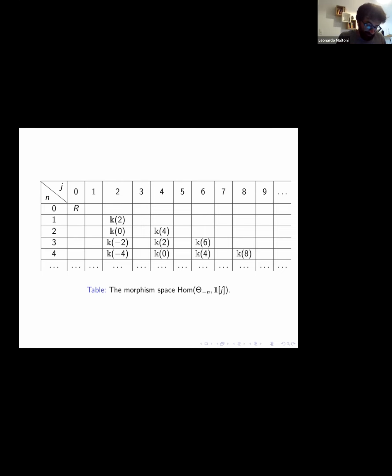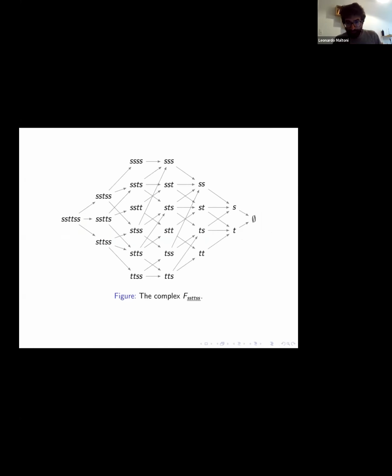So this is the case in which we know minimal complexes. But in the general case, it is much harder to compute minimal complexes, and in some cases they are not even well defined.